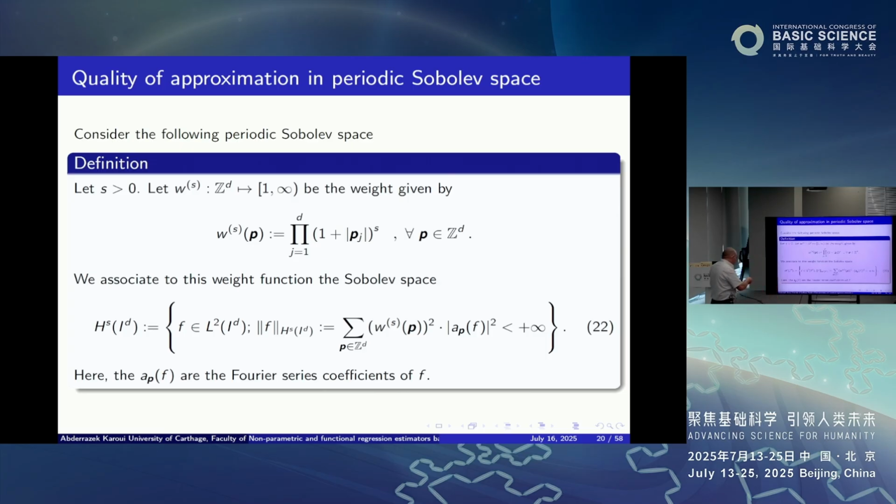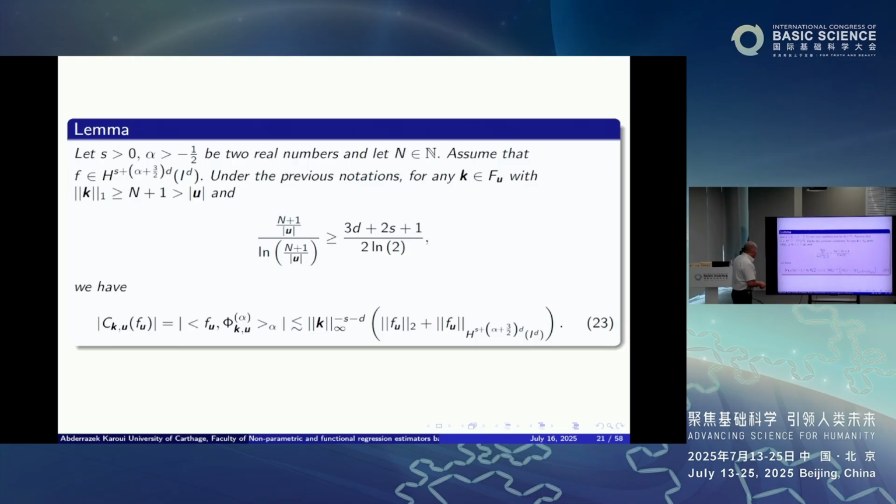Here we assume that the regression function belongs to a periodic Sobolev space. It's an almost equivalent assumption. If we assume that the regression function belongs to this Sobolev space, we have a lemma that the expansion coefficients of each component of the regression function, using the ANOVA decomposition, decay fast.